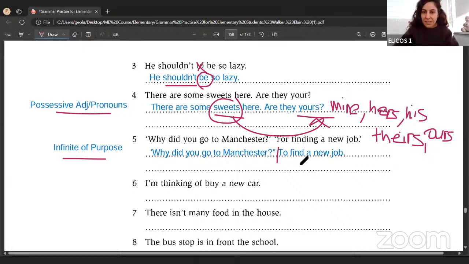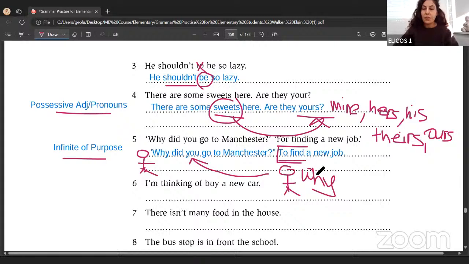One person is saying, why did you go to Manchester? And another person responds, saying why he did this action. You just say "to" plus a verb: to find a new job, to make new friends, to look for a partner, whatever. You respond by saying "to" plus a verb, because you're saying why you did that action. So we use the infinitive of purpose. Again, look back at the rules, the lessons for that.